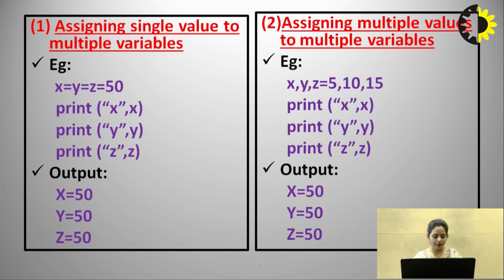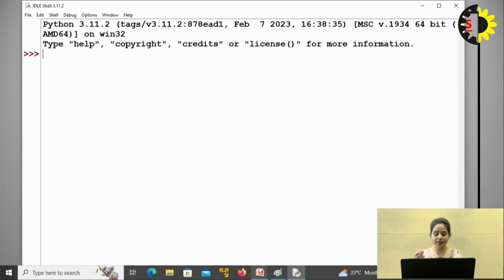Okay, sorry, my bad. If we have the same value, we have to do this. a is equal to b is equal to c is equal to the value. It will assign the same value to a, b and c.